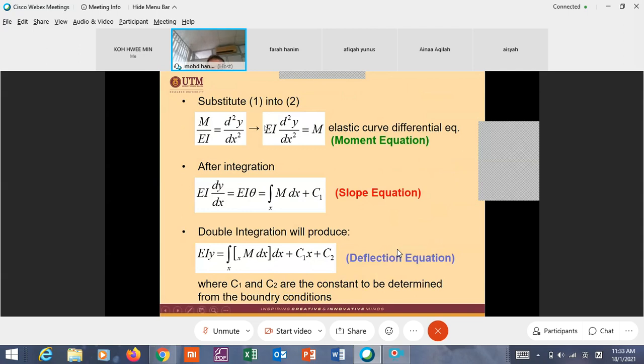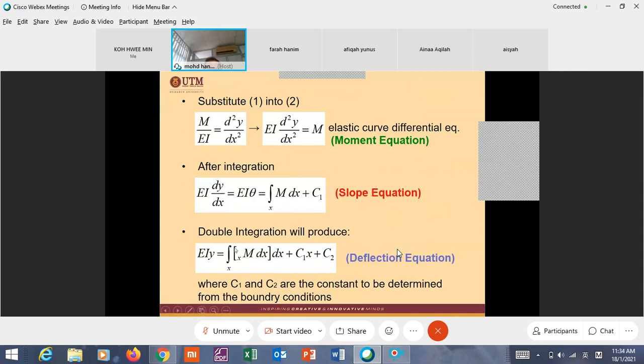Okay, now if we integrate this equation, what we have is EI dy/dx, theta, because dy/dx is the slope. Slope is the angle. The angle of deflection theta equals the integration of M in relation to x, plus C1.